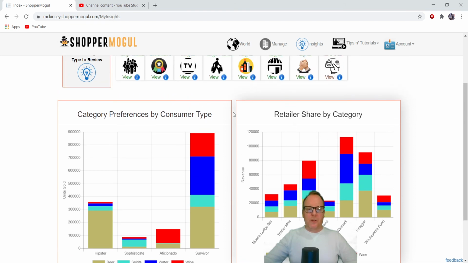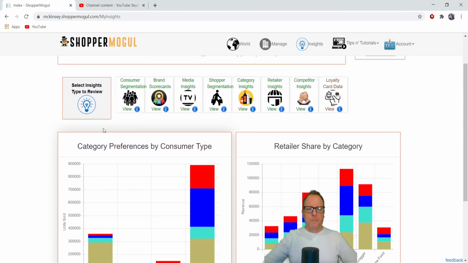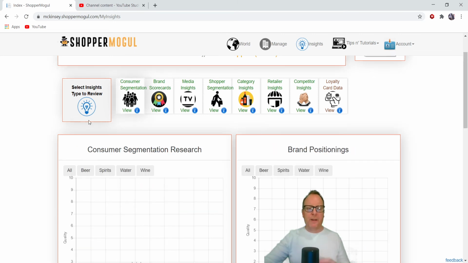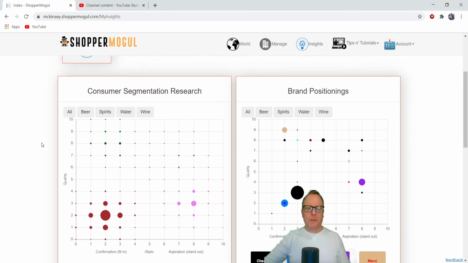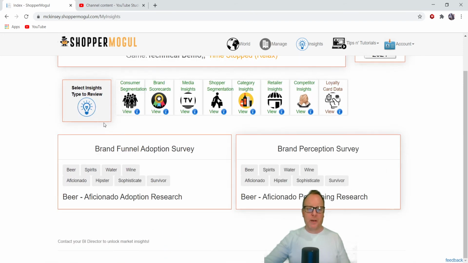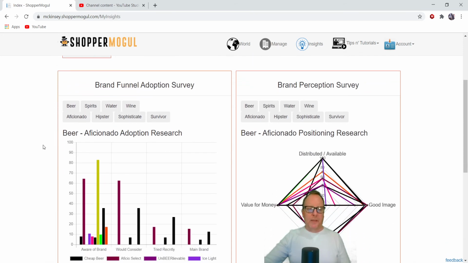It's also a way of diving into more detail on some of the other areas. So things like consumer segmentation and brand scorecards, all the data in these areas can be broken down to different categories.